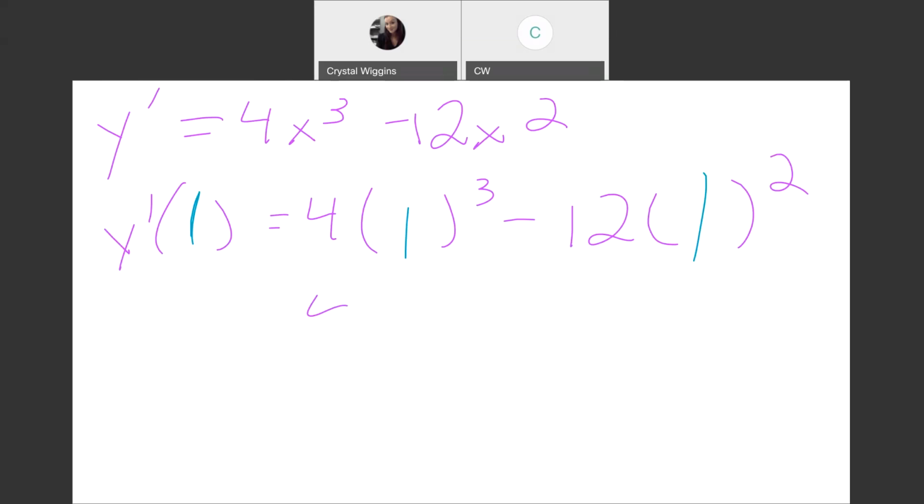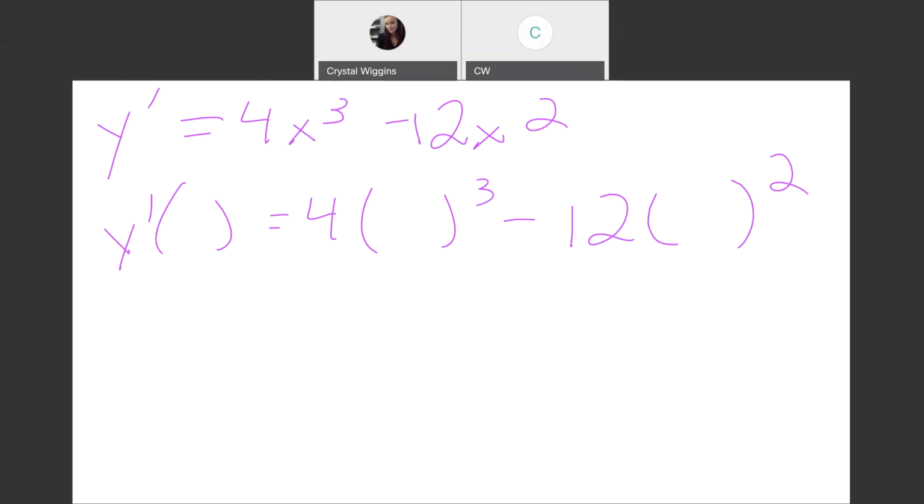So we have 4 times 1, which is 4, minus 12 times 1, which is -12. Oh, I'm definitely wrong. This is negative. So between 0 and 3, we are still producing a negative derivative, indicating we are still in a decreasing pattern between 0 and 3. Let's do our last test point, which is +4.